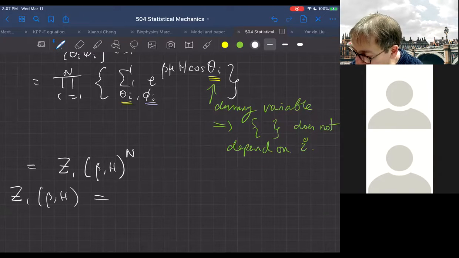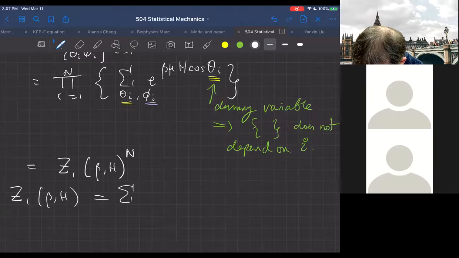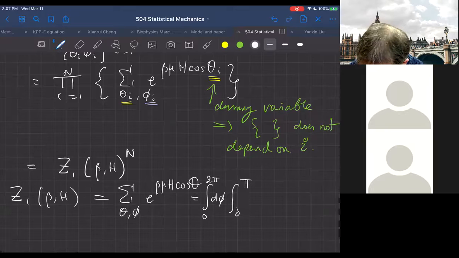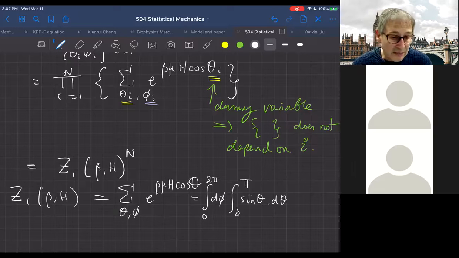And what that partition function is the sum over theta and phi e to the beta mu h cosine theta. And now I can just simply write that as an integral. So it's the integral from 0 to pi d phi, the integral from 0 to pi, not cosine, mistake there, sine theta d theta. So that's the measure in spherical polars.